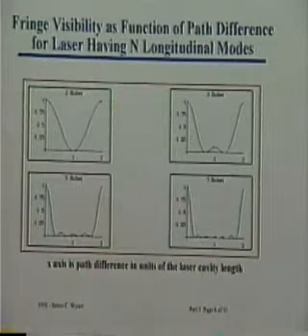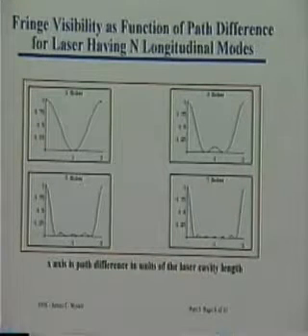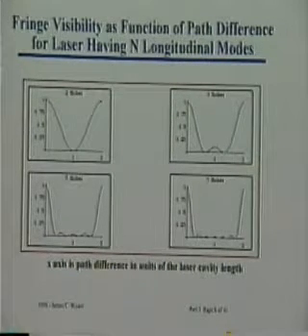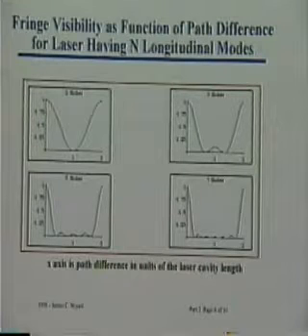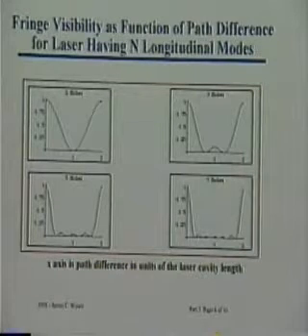And if you think to the homework problem you had this last week where you interfered 5 beams, you were supposed to show that the radiance went something like sine squared of 5 over 2 phi divided by sine of phi over 2. And as the number of beams increases, the fringes were getting sharper.